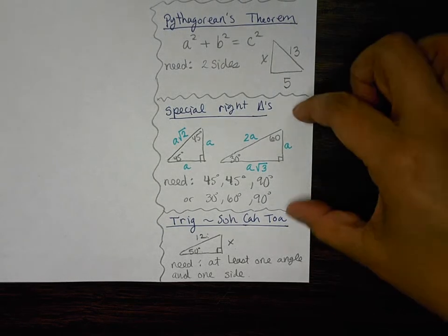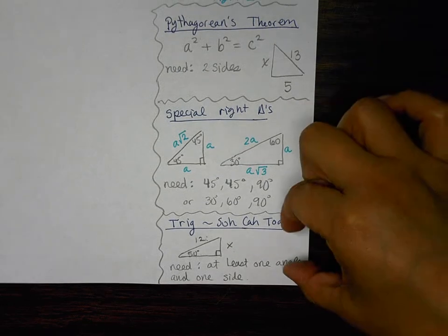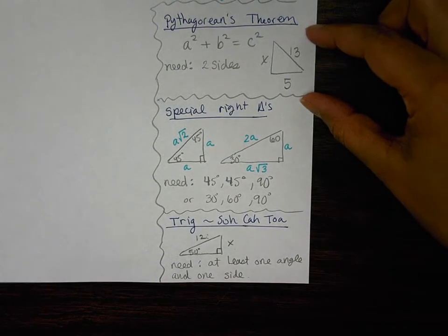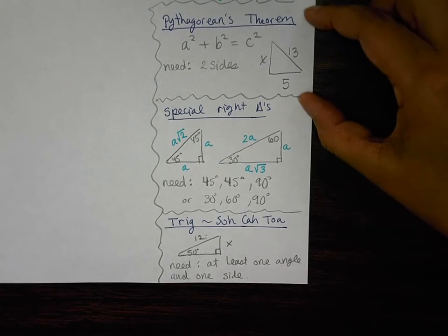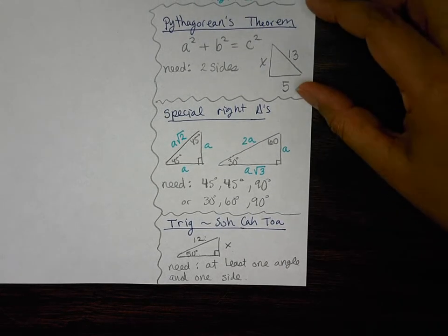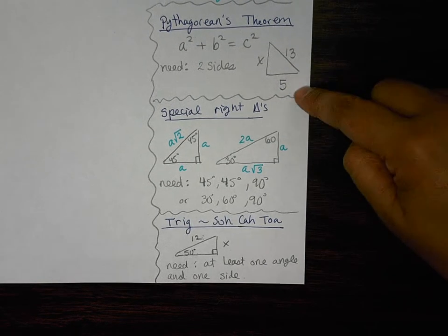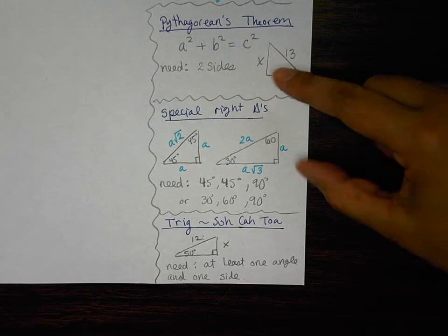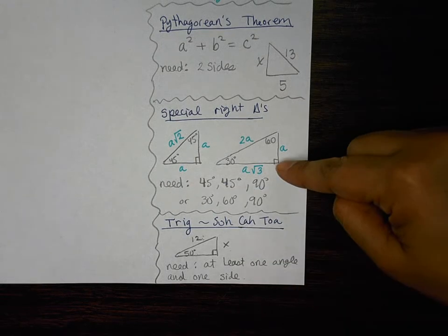All right. Questions on our three methods that we have, and all of these three methods will be on the test. So you can see why this is going to be a difficult test. You want to make sure you understand what each method is and how to use them to find your missing side. Pythagorean's theorem, if you have two sides given to you, use Pythagorean's theorem to find your third.